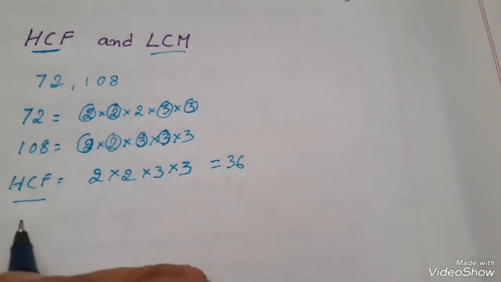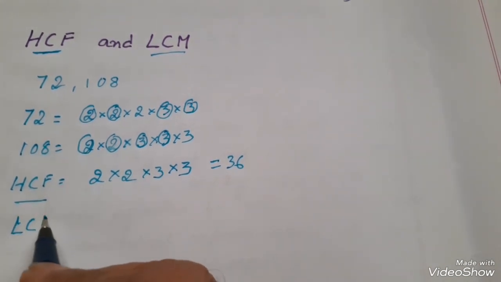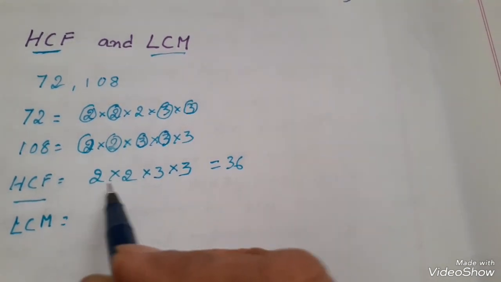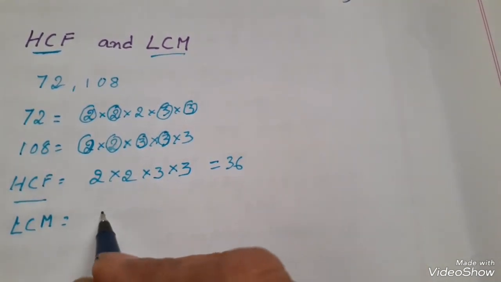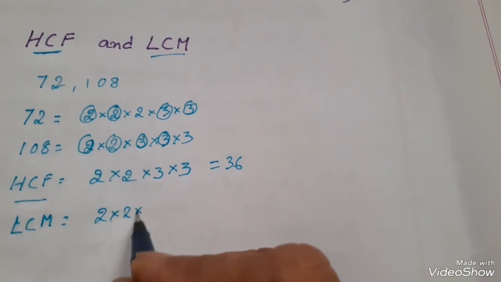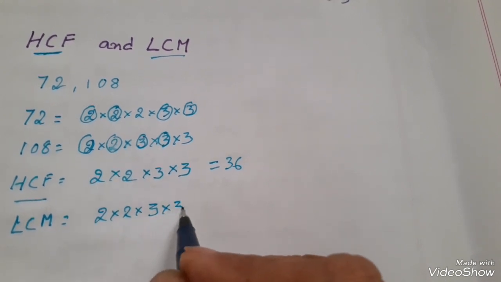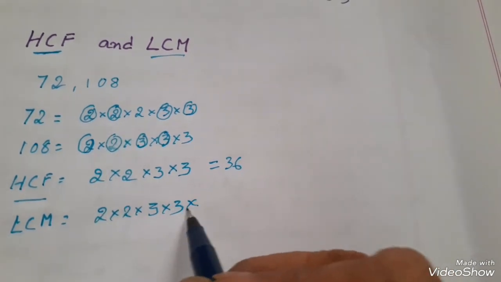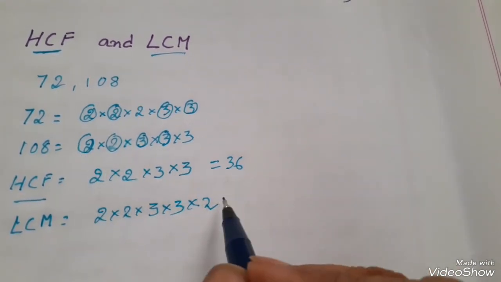Now you find the LCM. First you write all these common numbers: 2 into 2 into 3 into 3. And the remaining numbers: here into 2, and here the remaining one more 3 is there.